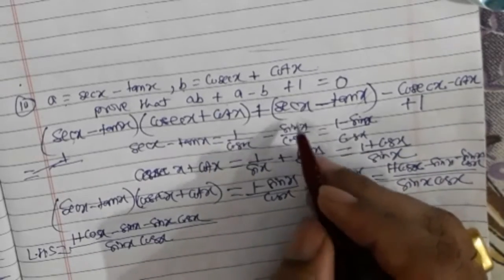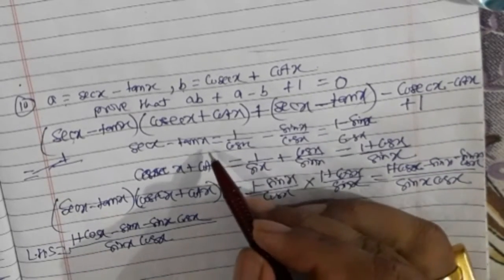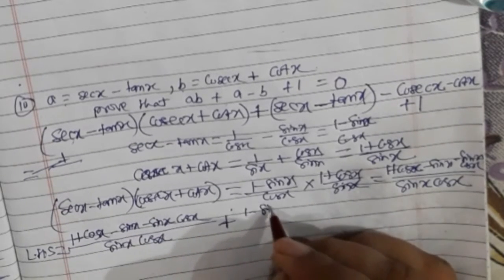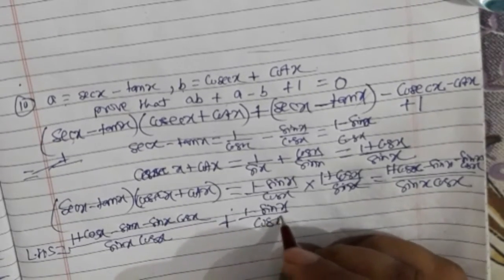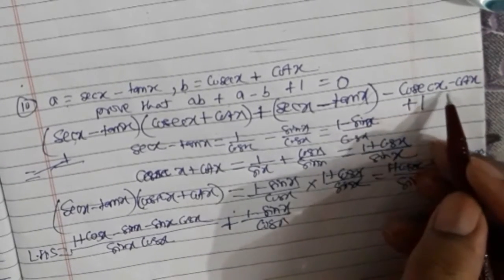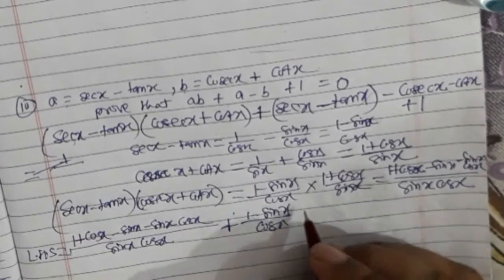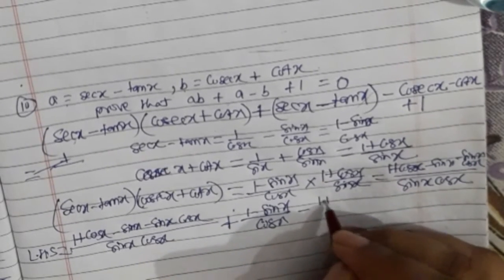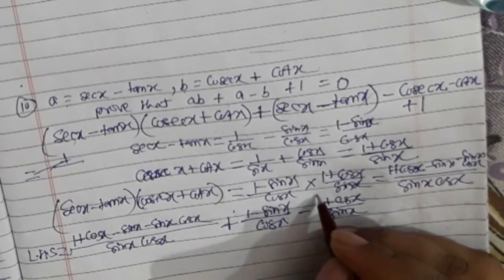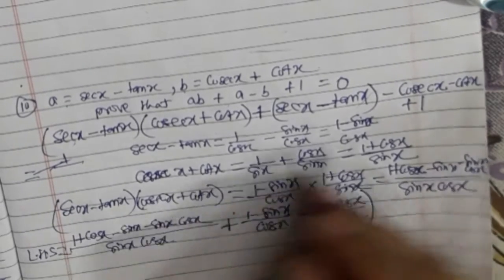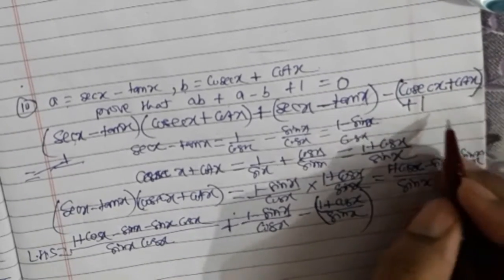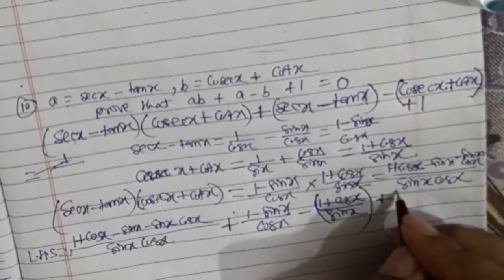I can write this in this form. Again, sec x minus tan x is equal to 1 minus sin x by cos x, and here again cosec x plus cot x, we can write this as minus 1 plus cos x by sin x, plus 1.